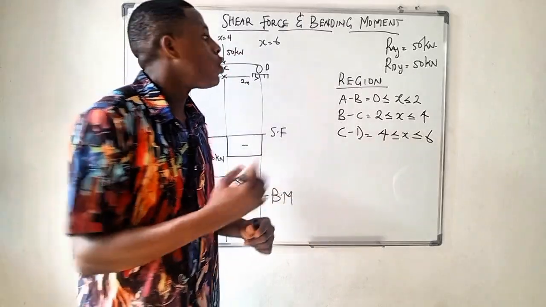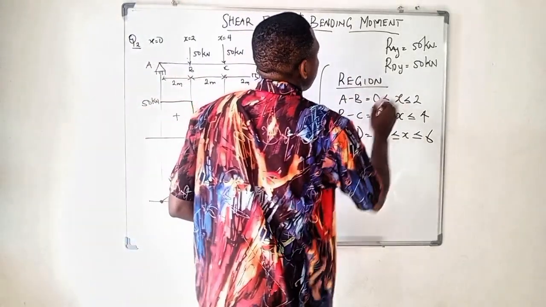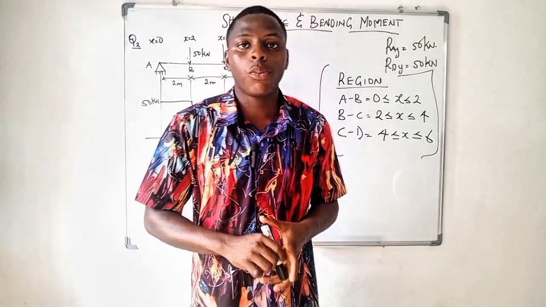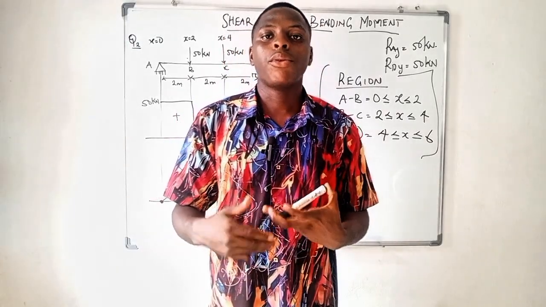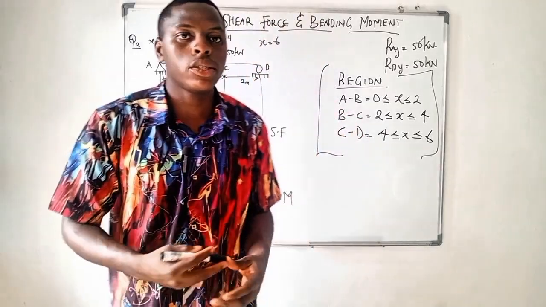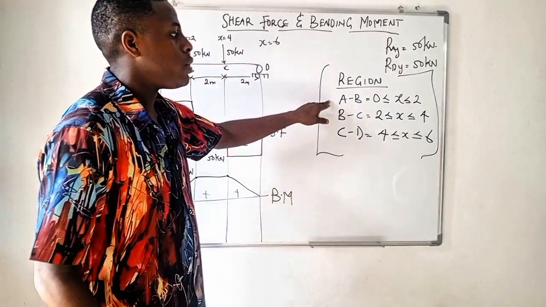So basically, sometimes you'll be asked to get the equation for point A to point B, from point B to point C, and from point C to point D. So how do you interpret it? You interpret it in this manner.